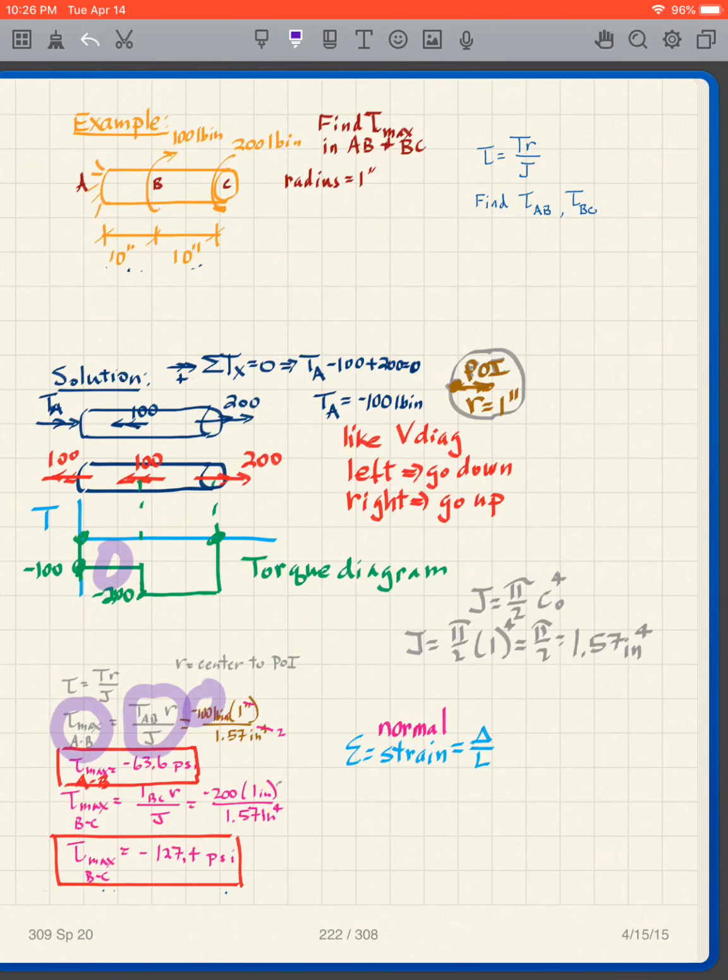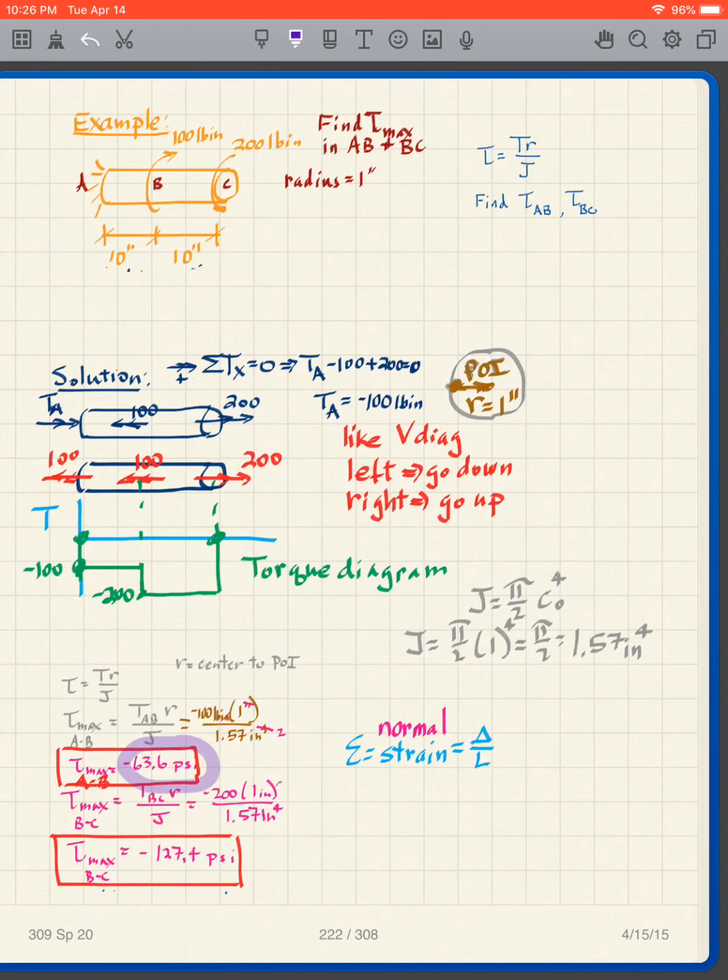So I have negative 100 times my R, which is 1 inch, divided by my J. And I get that in the region A to B, the maximum shear stress is negative 63.6 psi.